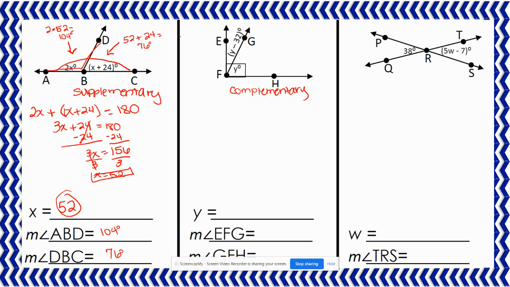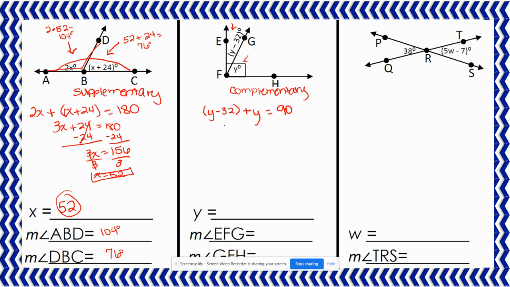So to figure out what y equals, I'm going to take angle EFG, which is this one, and angle GFH, which is this one, and I'm going to add them together and set them equal to 90 degrees. So angle EFG is y minus 32, and I'm going to add that to angle GFH, which is y. And because they're complementary, I know that together they will equal 90 degrees.